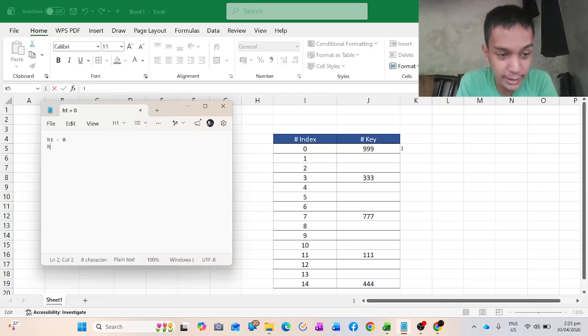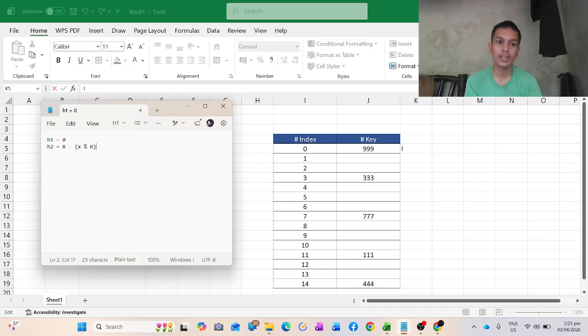It's simple. H2 is equal to R minus x modulo R. What is R?